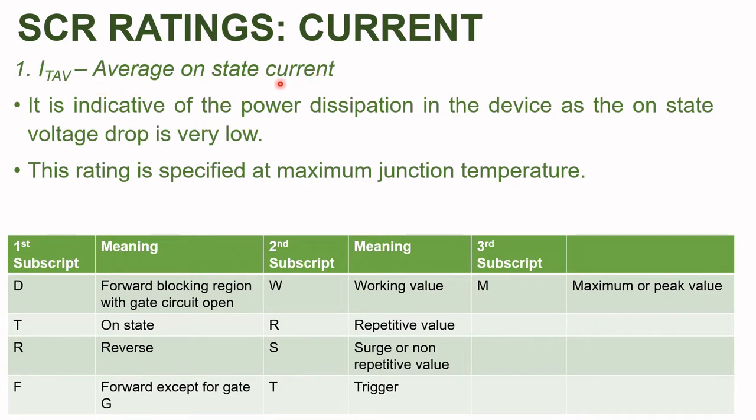If average on-state current is high, then power loss will be high. If average on-state current is low, then power loss will be low, because power loss is a product of on-state voltage and on-state current. The value of on-state voltage is very low, hence the on-state power loss will be mainly controlled by the on-state current value.